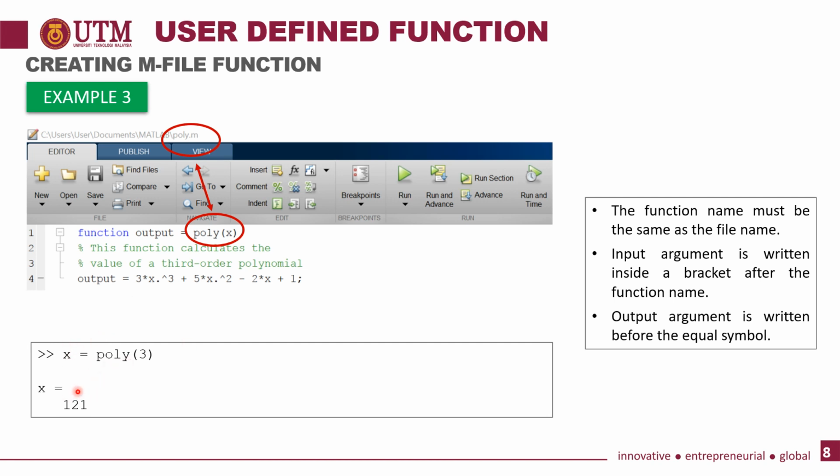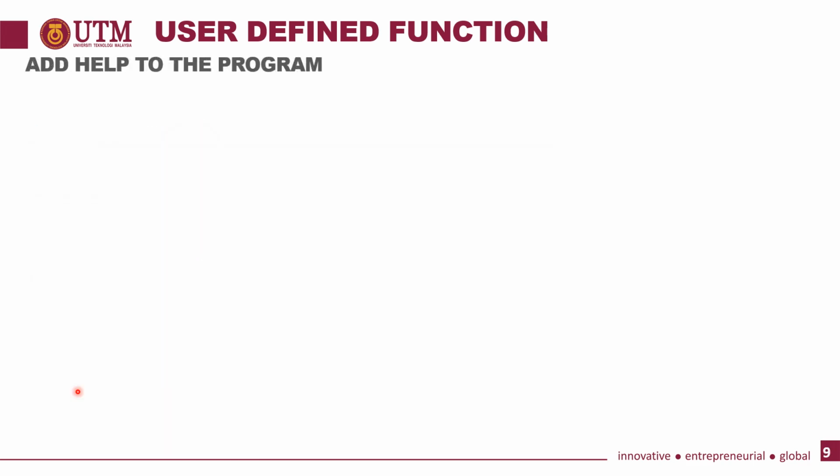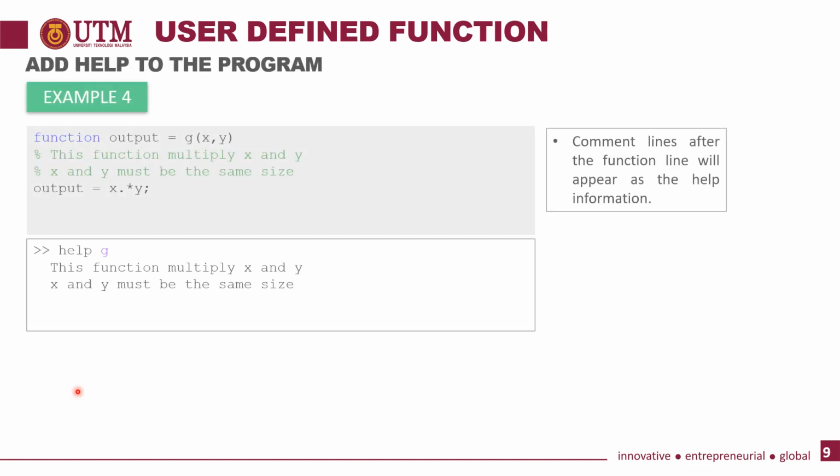Next, add help to the program. Previously we were doing the polynomial expression. You can add help to the program by commenting the line after you initialize your function. As you can see here, your function output is named output, and your function name is g.